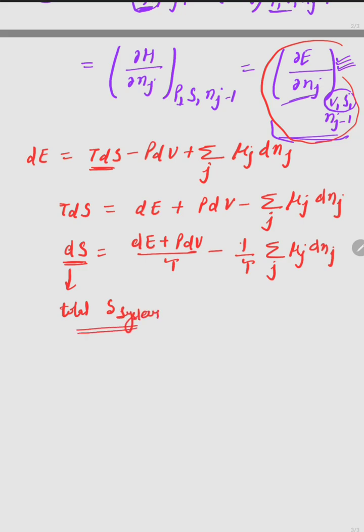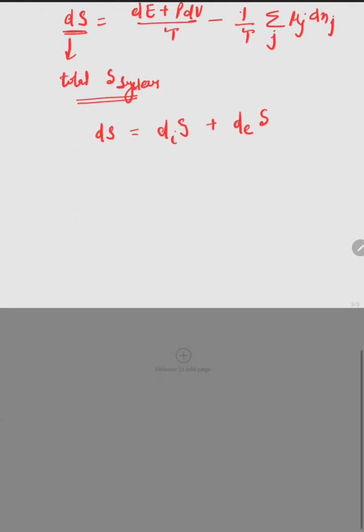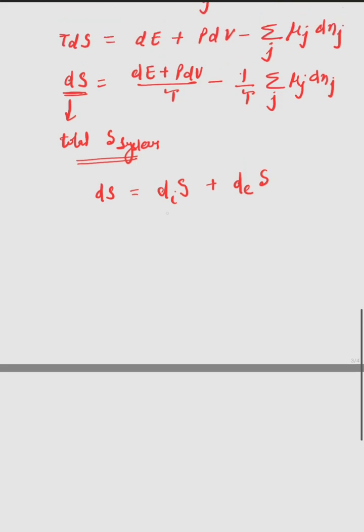This total entropy of the system is the sum of two types of entropies, diS plus deS. What is diS and deS? diS is the change in entropy of the system due to the changes which are occurring within the system.